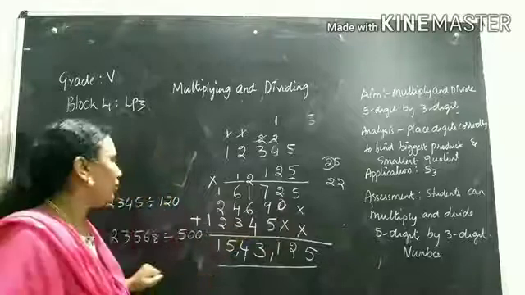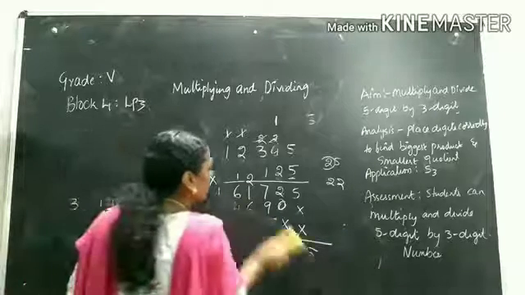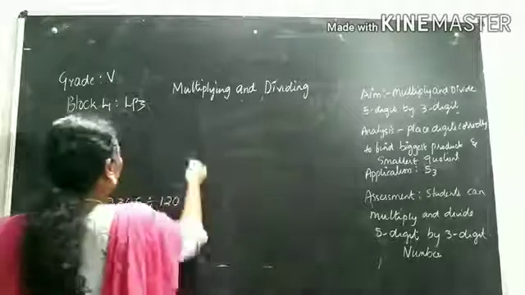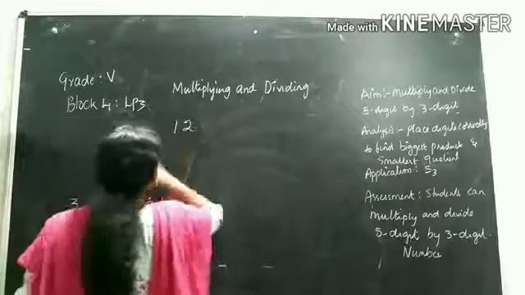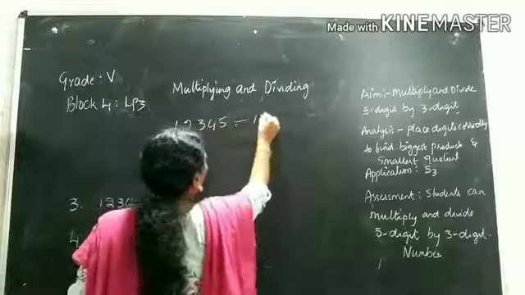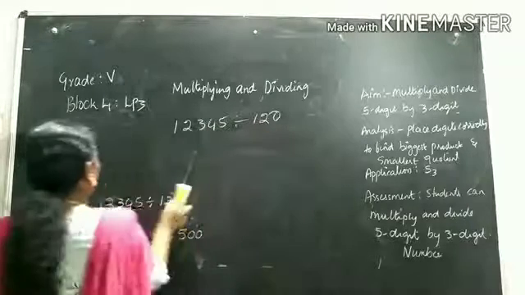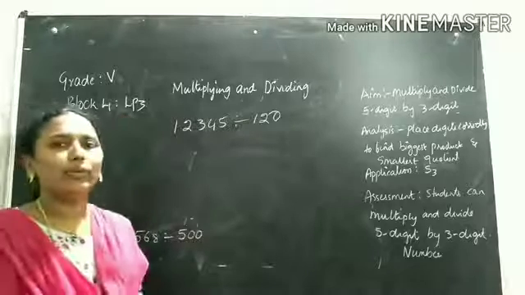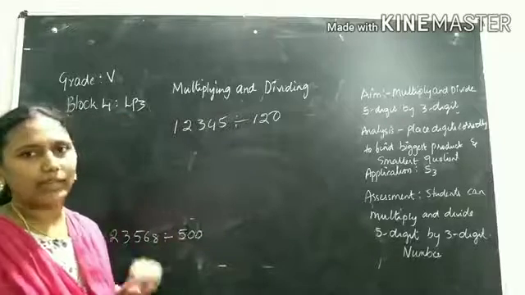Okay. Now we will see how to divide the numbers. How to divide the number. 12,345 divided by 120. See here. 120 is a big number. We don't know the multiplication table of 120.